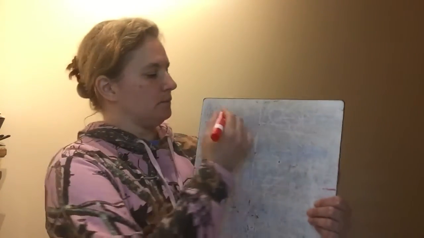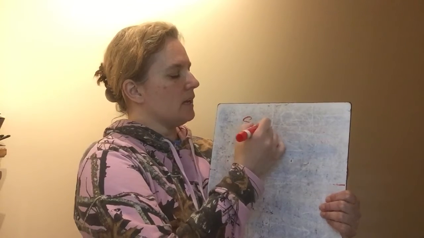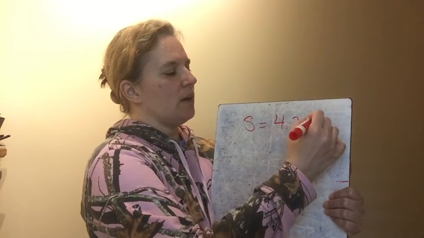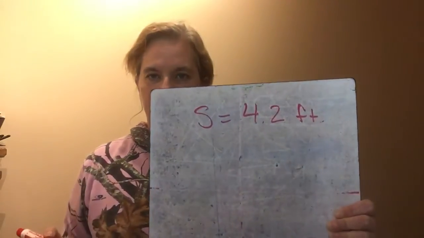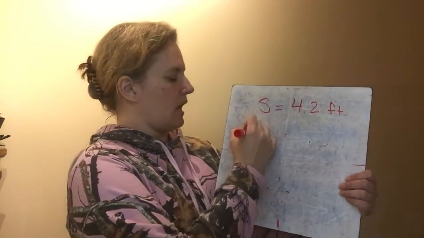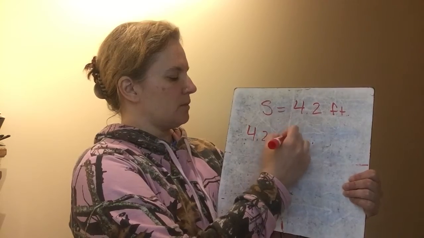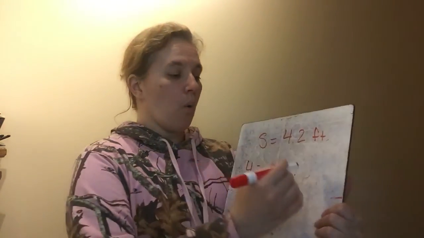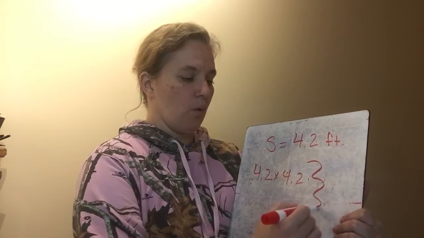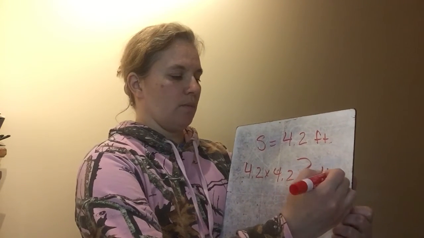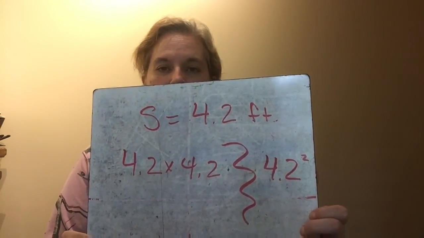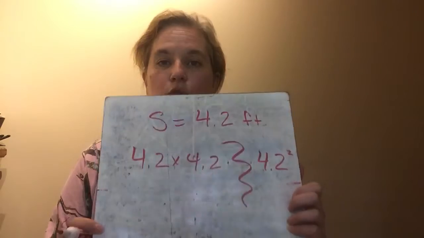So, for example, if you're told in a square that a side equals 4.2 feet, you can either say 4.2 times 4.2, or you can say 4.2 squared. Doesn't matter which way you want to write it.